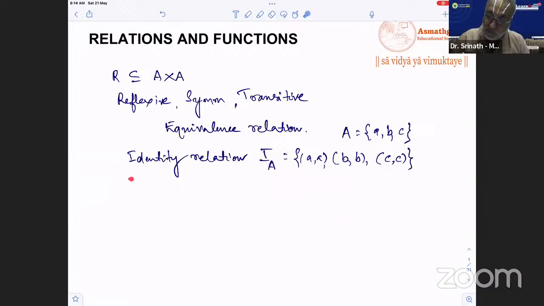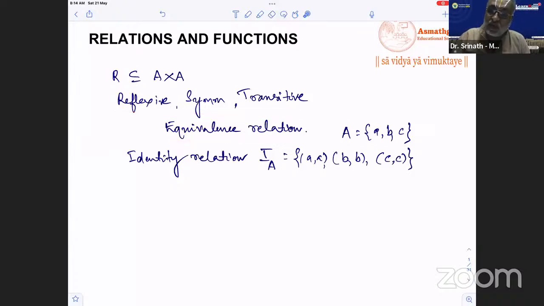So therefore, if we are given any set, how do you form an equivalence relation with the minimum number of ordered pairs? It will definitely be what is known as an identity relation. Okay, these are some of the things. Then equivalence relation is over.